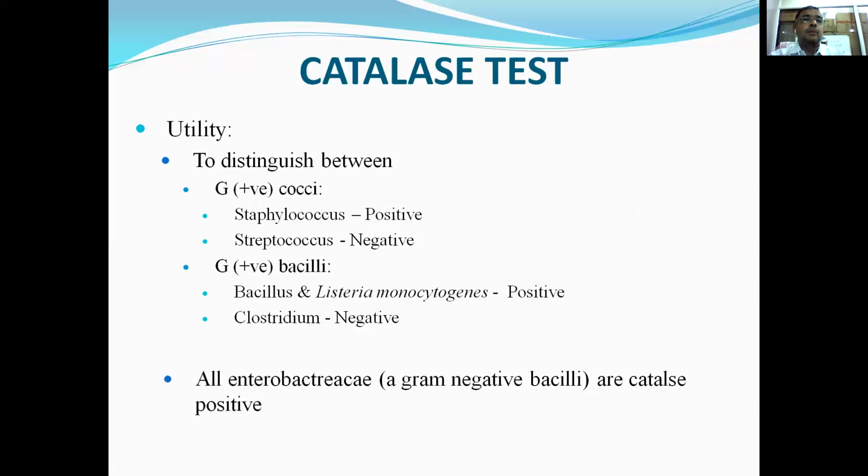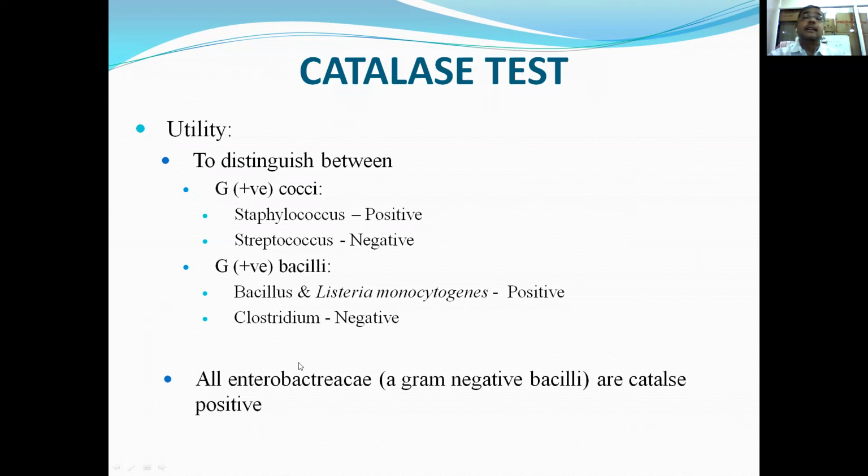Similarly, among gram positive bacilli, Bacillus and Listeria give a positive result. In contrast to this, the Clostridium group gives a negative result.